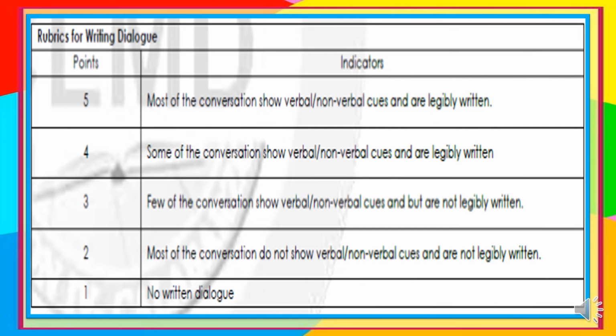And you will get 3 points if few of the conversations show verbal and nonverbal cues but are not legibly written. And you will get 2 points if most of the conversations do not show verbal and nonverbal cues and are not legibly written. And you will get 1 point if there is no written dialogue.